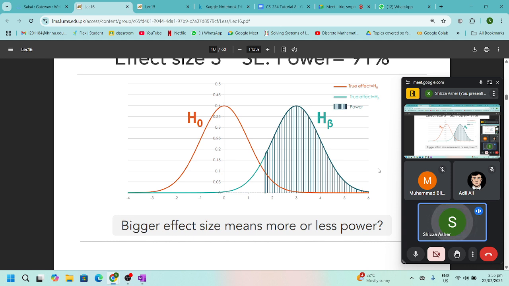Essentially, इससे पहले तक we were assuming that the null hypothesis is true. Whenever I would say under the null hypothesis, it means you are assuming कि अभी null hypothesis को आपने reject नहीं करना. Now the power is always calculated under the alternative hypothesis curve.